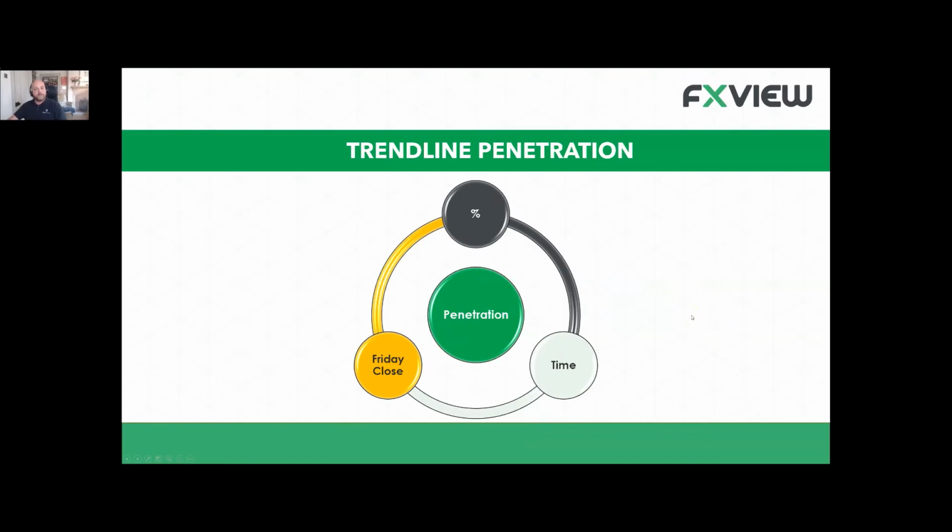What happens when we penetrate trend lines? It doesn't always follow through that when a trend line is broken, prices follow through. So it's really good to understand the market characteristics of whatever market you trade and think about what percentage of a break you've had.